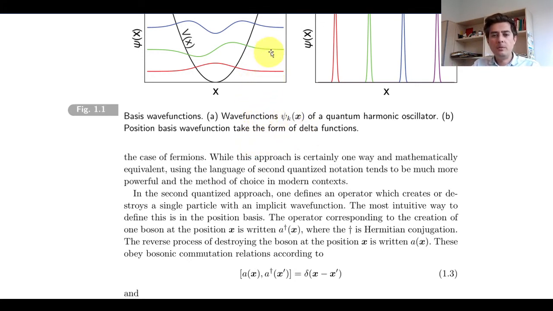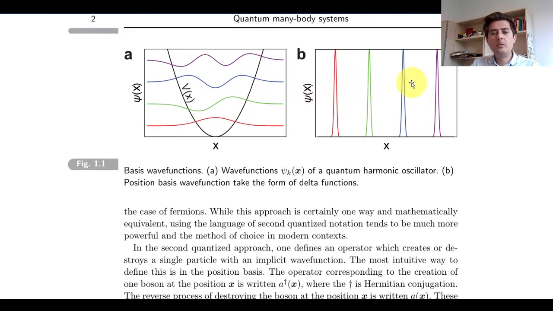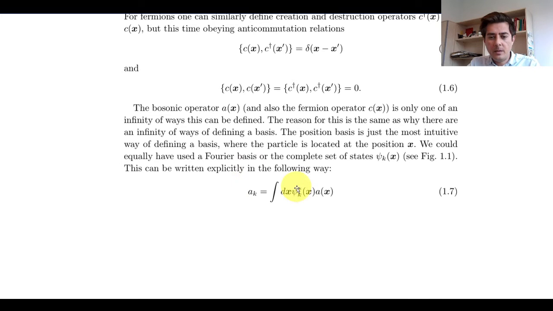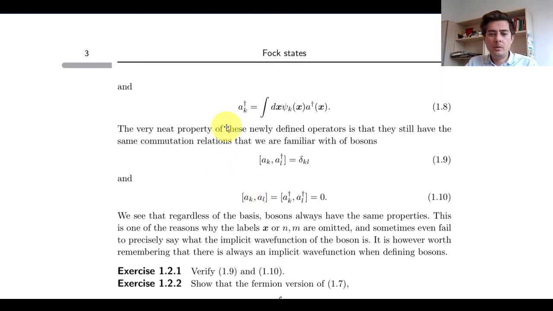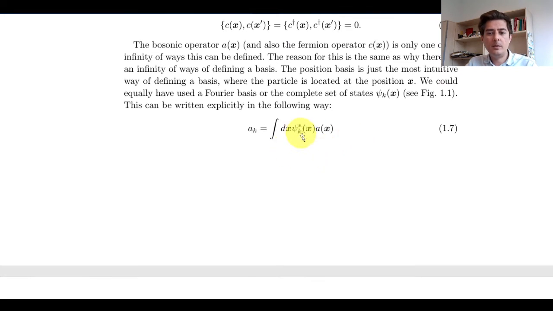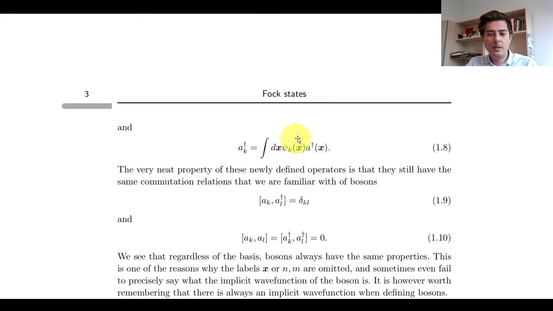If you perform a linear combination of these states or these states, we can basically write down any wave function that we like. So in this sense, this is a basis transformation where we're transforming this bosonic operator from the basis of x into the basis of k. And of course, creation operators are defined in exactly the same way, except that this is the Hermitian conjugate here.